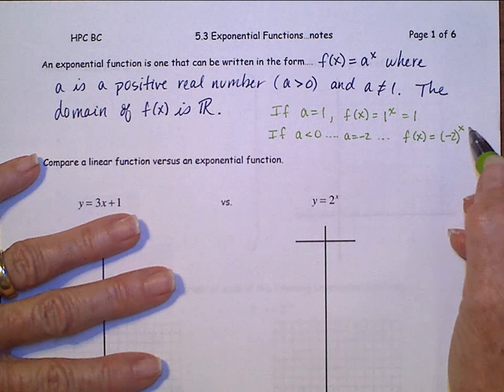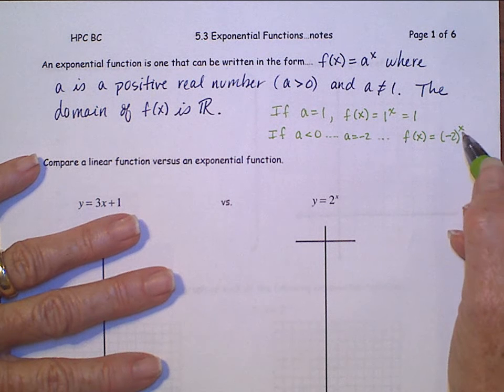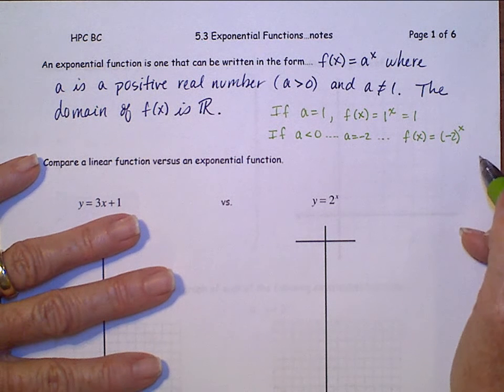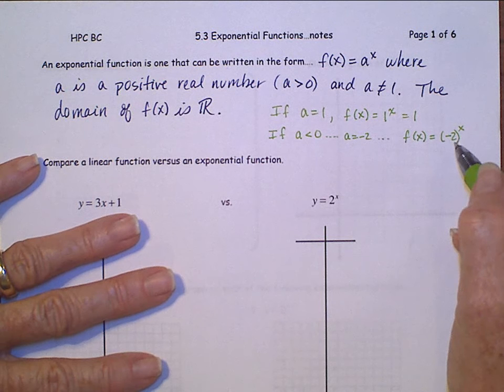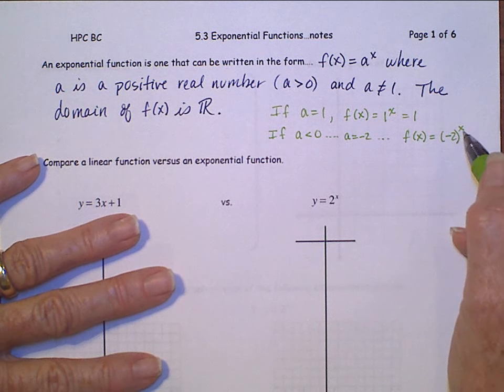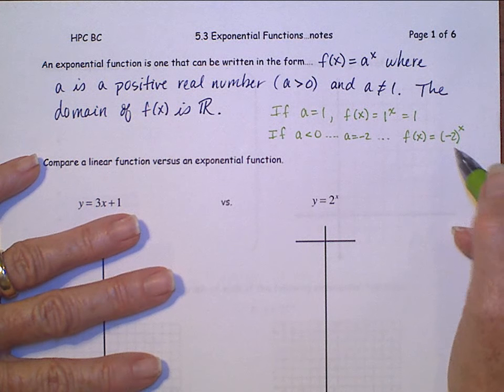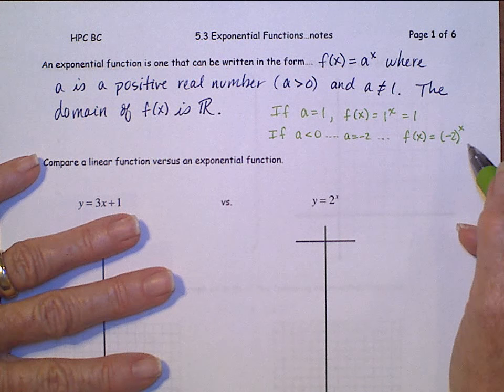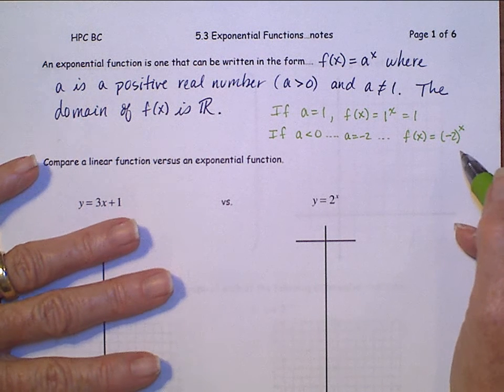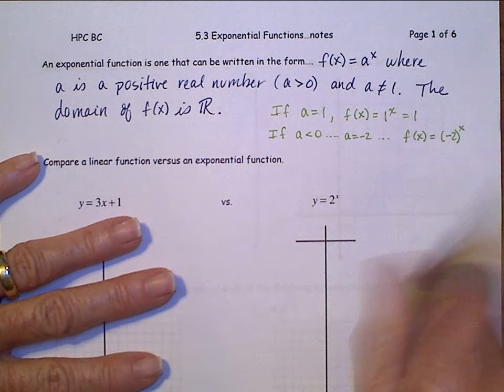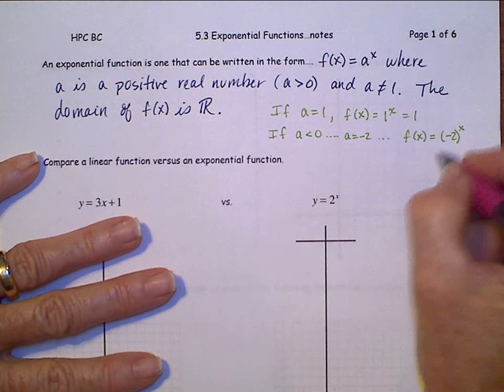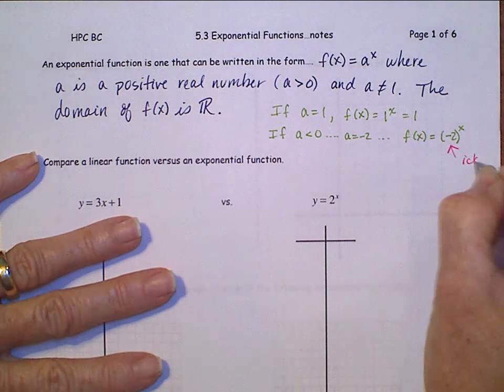If x is odd, this value will be negative, so we'll be bouncing all over the place. Plus, how are you going to do something like -2 to the half? That's the square root of -2. That's complex. And so we can't have real numbers and complex numbers mixed. Right now, we are only graphing real numbers. So this is just icky. All right.